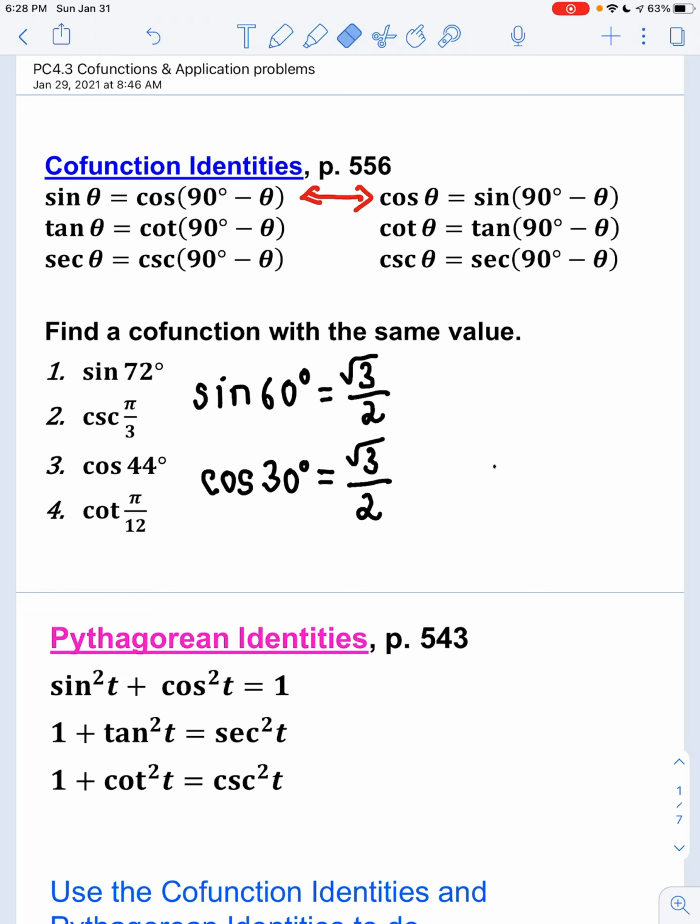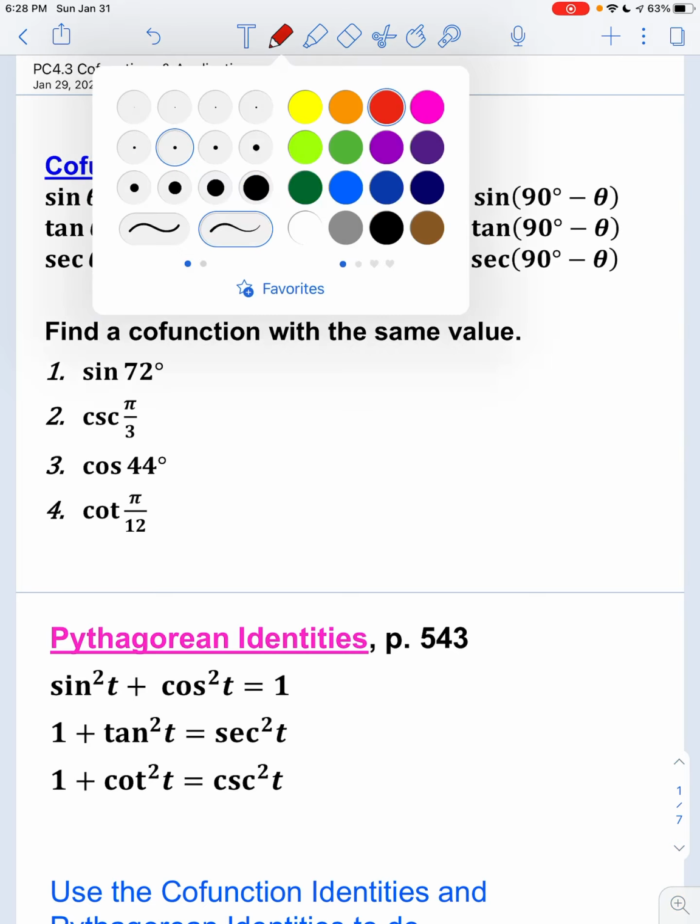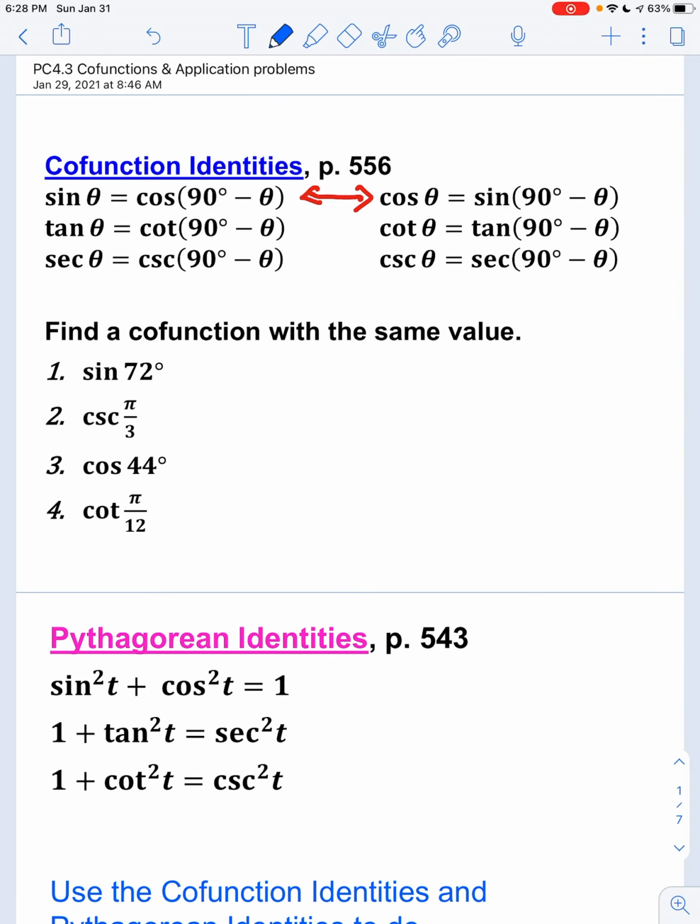So let me erase all of this. And let's do these problems we see here on the left. Actually, let me go with blue. So it says here the sine of 72 degrees. Well, the sine is a cofunction with the cosine.